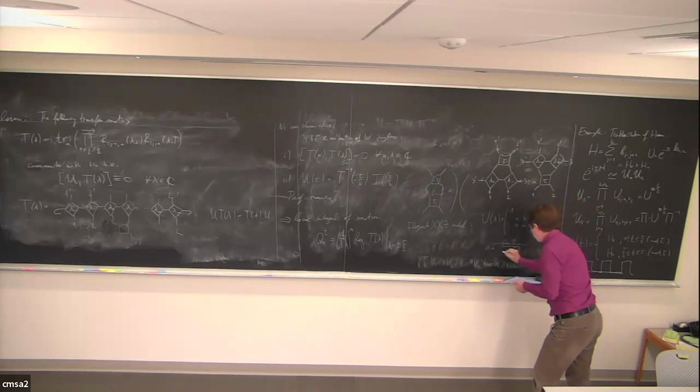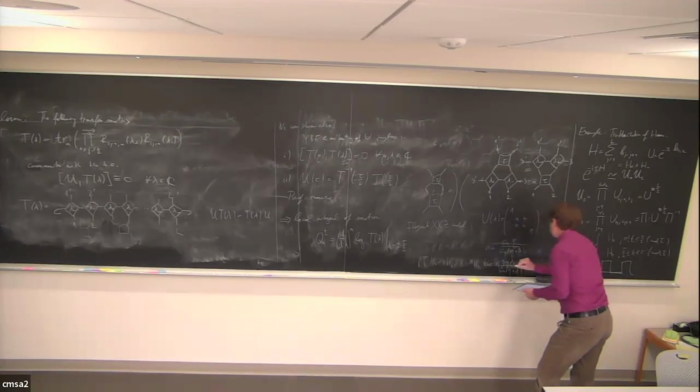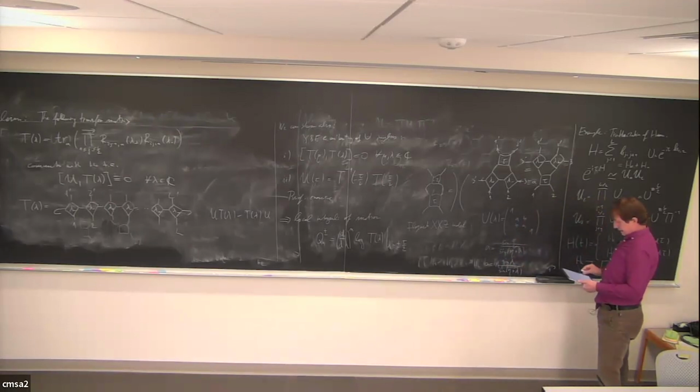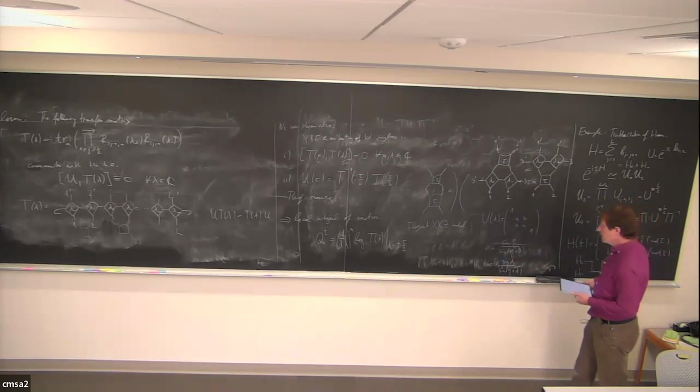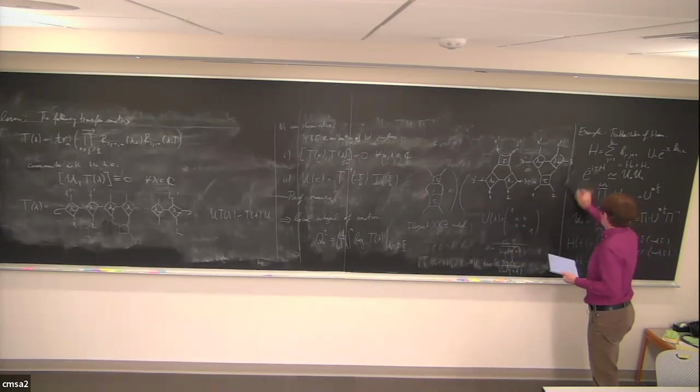Sine eta divided by sine eta plus lambda, and here it is sine lambda divided by sine eta plus lambda. And this, of course, can be understood.